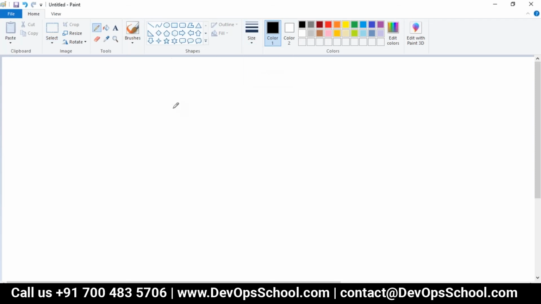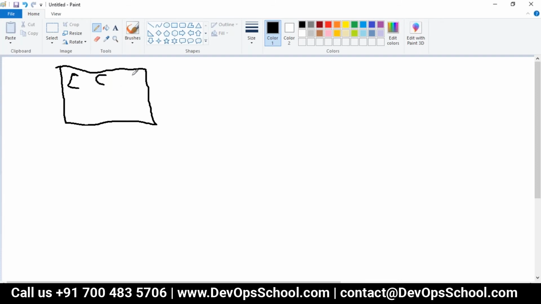So guys, here there is one requirement. I have one node and I want to run four containers initially. Think about it. I run 1 container, 2 containers, 3 containers, 4 containers on 1 node.